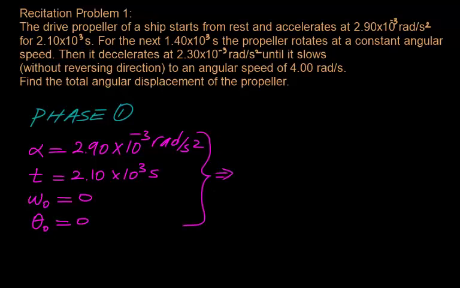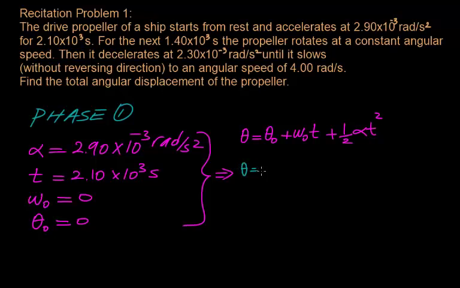Therefore, given the information, the best tool to solve for the angular displacement for phase 1 is theta equals theta 0 plus omega 0 t plus 1/2 alpha t squared. Let's substitute for the known quantities.